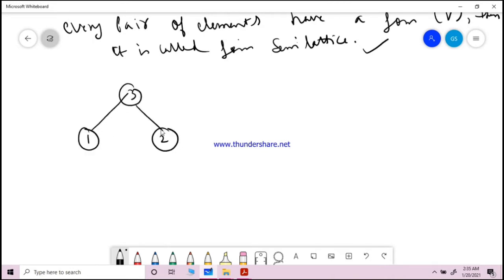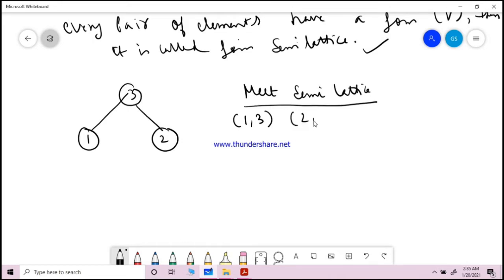This is my Hasse diagram. Now I have to find out whether it is a meet semilattice. So just randomly pair. The random pairs are 1 comma 3, or 2 comma 3, or 1 comma 2.